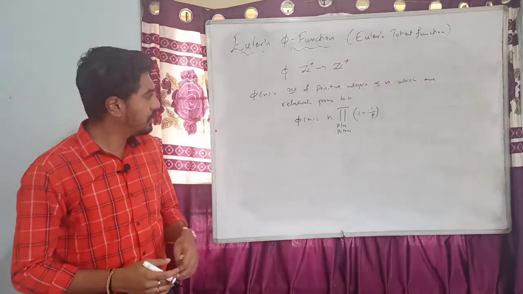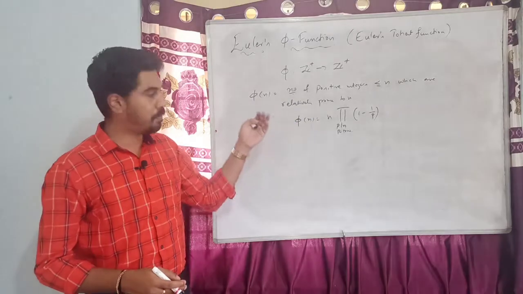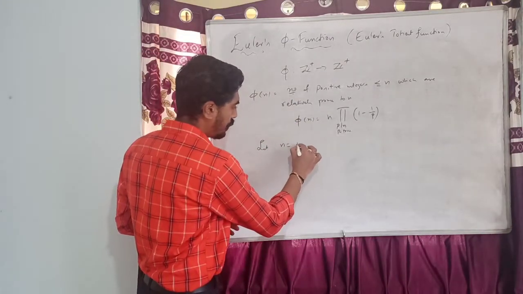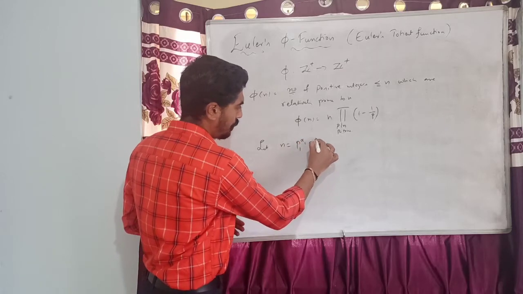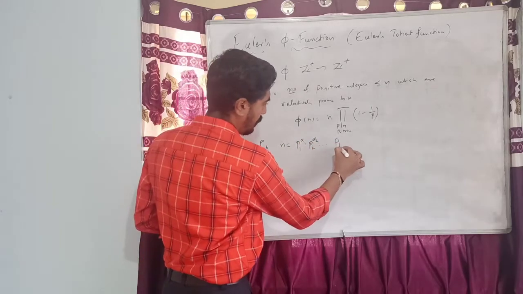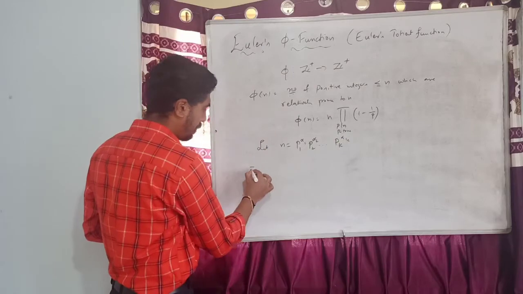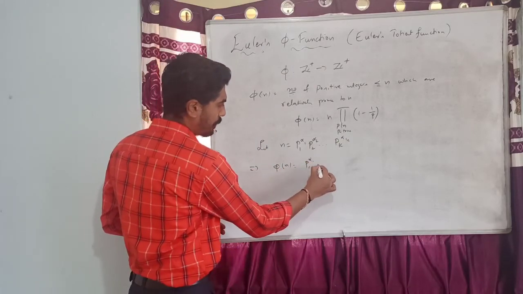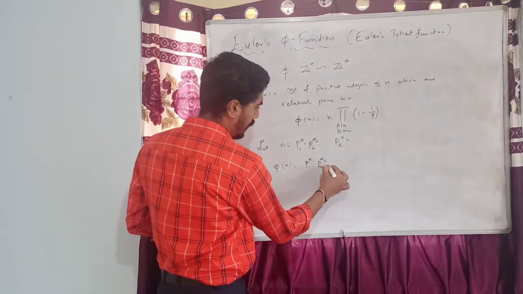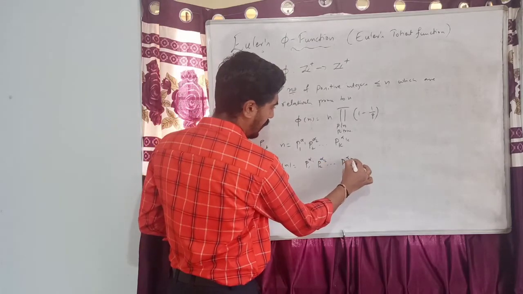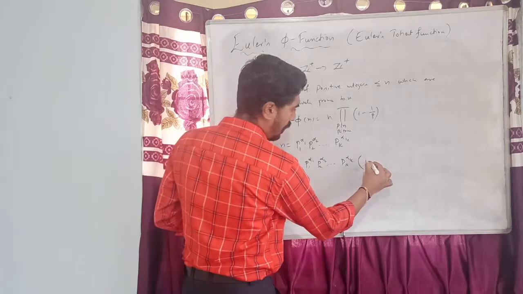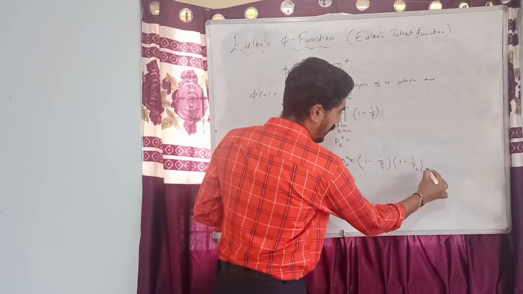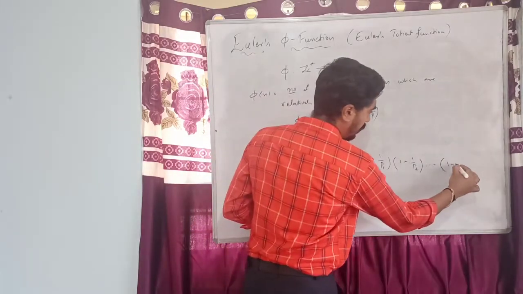To simplify this, if I consider the prime factorization of n, suppose n is equal to p1 power alpha 1, p2 power alpha 2, etc., pk power alpha k, this implies phi of n will be equal to p1 power alpha 1, p2 power alpha 2, etc., pk power alpha k into 1 minus 1 by p1 into 1 minus 1 by p2, etc., 1 minus 1 by pk.